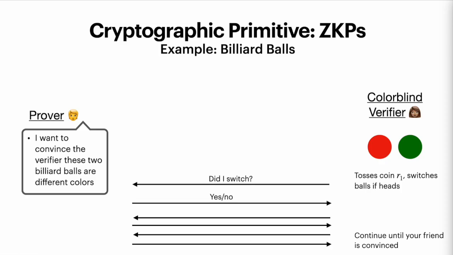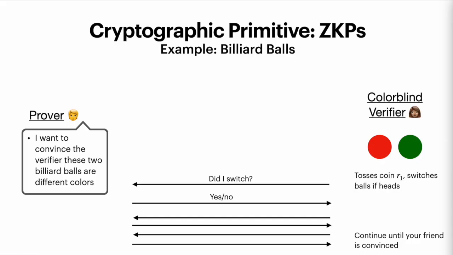He thinks you got lucky. So he can just keep doing it until he is convinced. Once you do it enough times, your friend is going to become convinced that the balls are indeed differently colored. Otherwise, the probability that you would have succeeded in identifying all of the switch/non-switches would be very low.